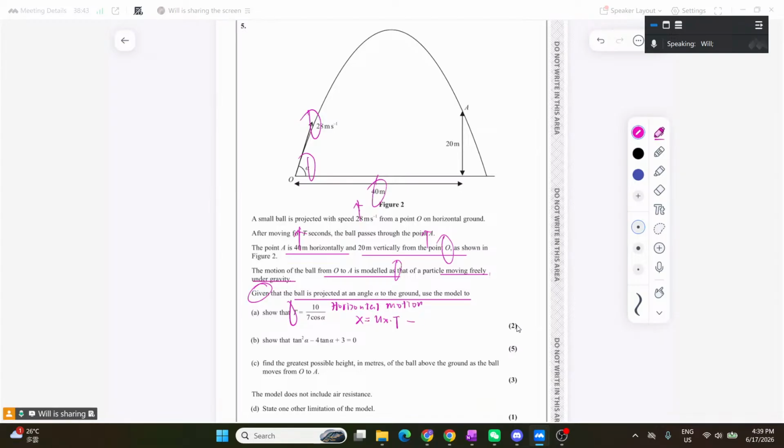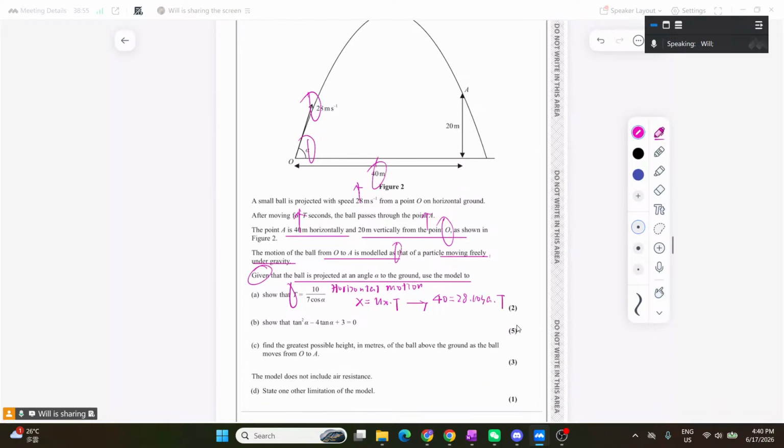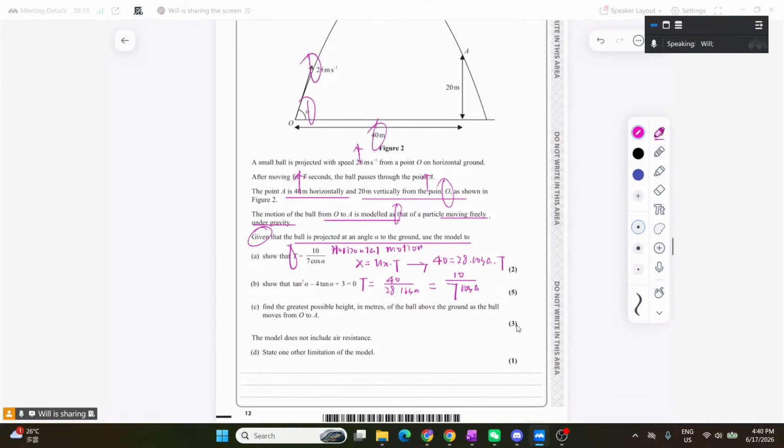Then 40 equals 28 times cosine alpha times t. Understand? Rearrange, we get t equals 40 over 28 times cosine alpha, and simplify to get the final answer, 10 over 7 cosine alpha. Understand? The two steps.